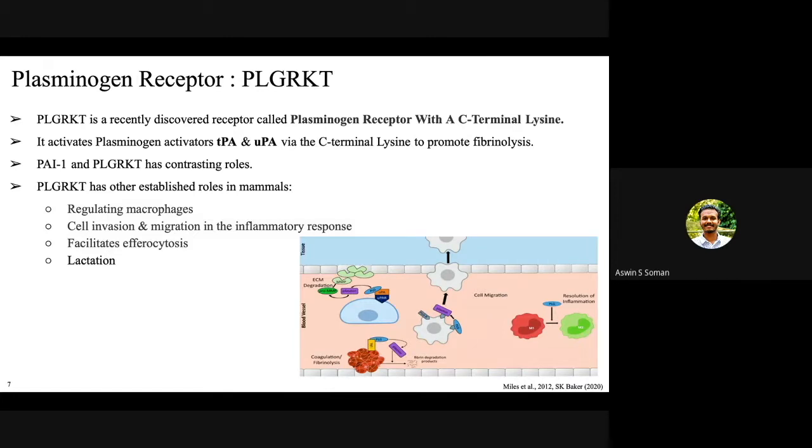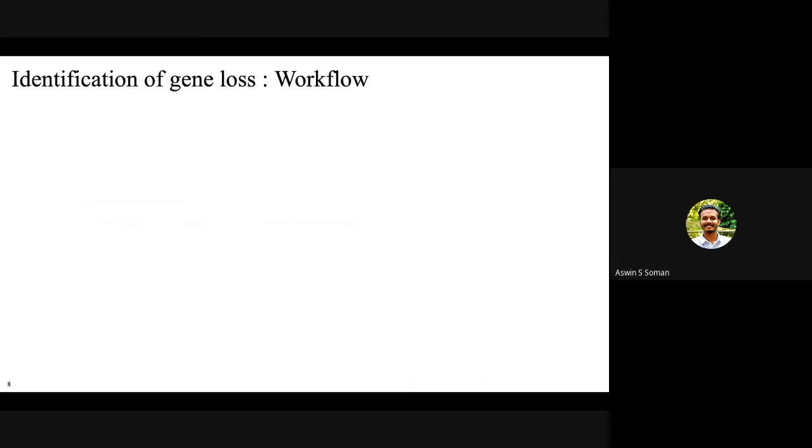And this established role of PLGRKT provides an evolutionary context in which we can look for gene loss in other birds, especially since birds lack platelets, it would be an interesting scenario to look for their presence in birds.